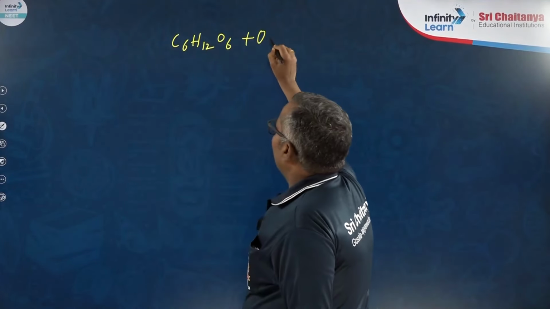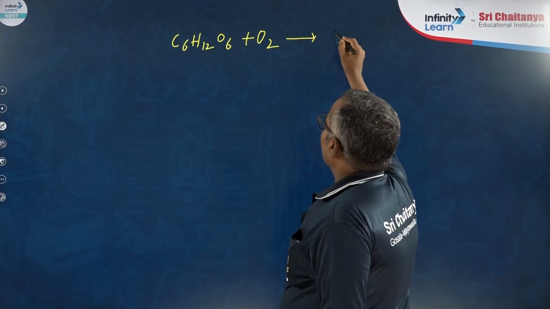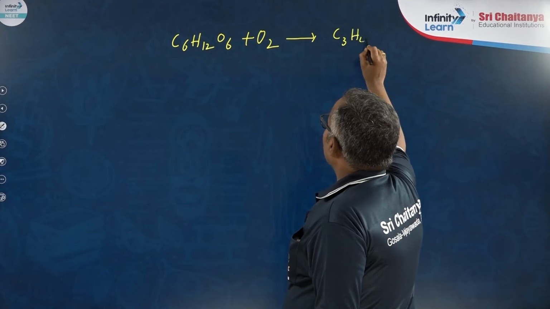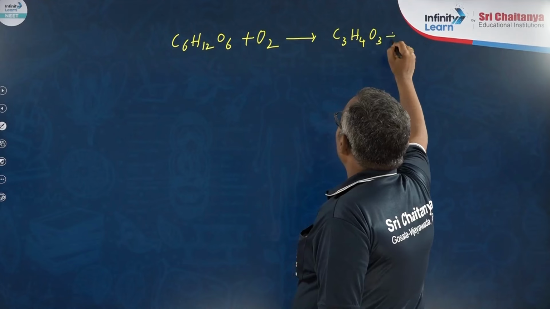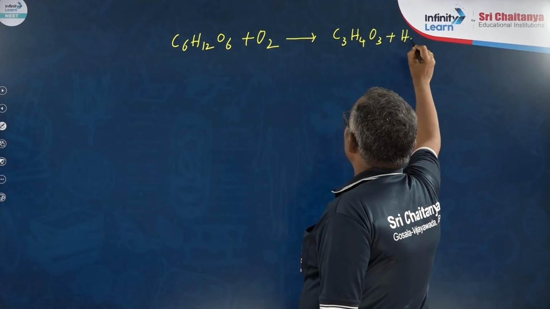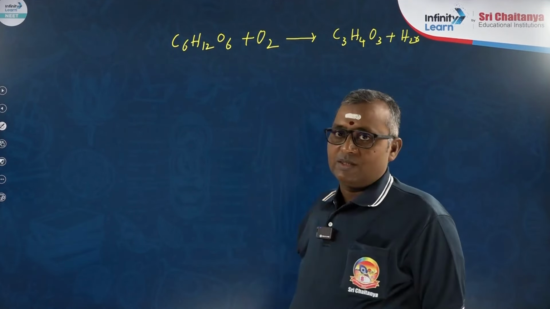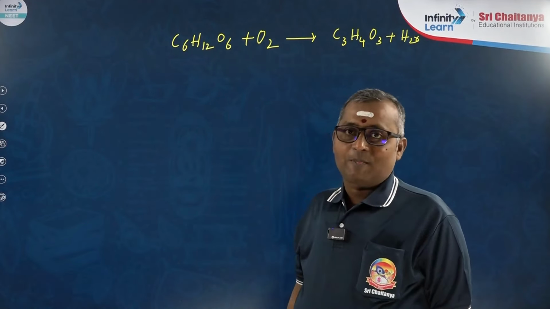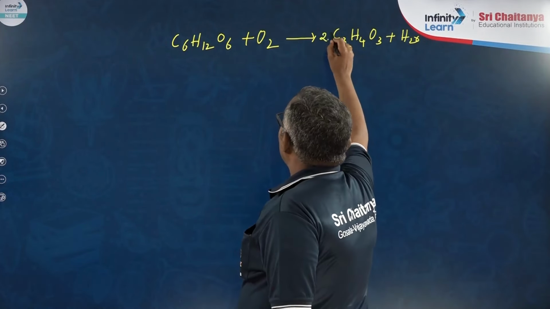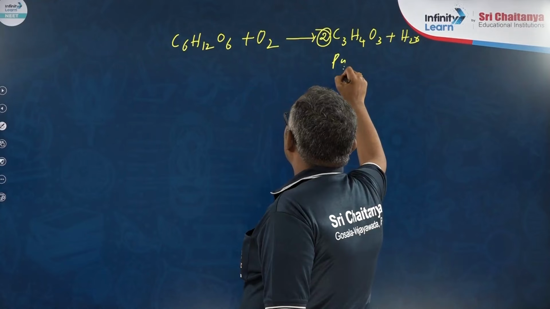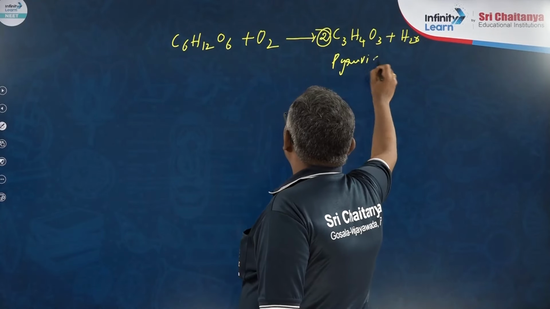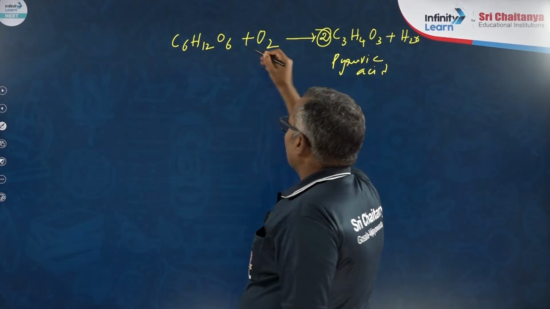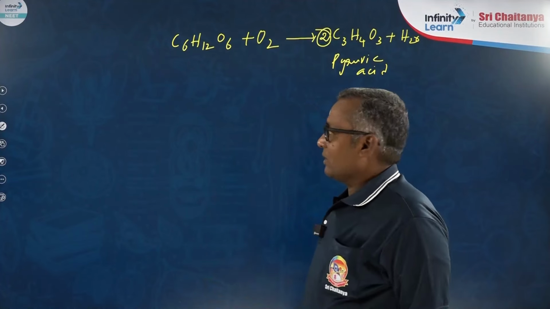C6H12O6 plus O2 gives rise to C3H4O3 plus H2O. Of course, this is a metabolic pathway in which 2 moles of pyruvic acid are produced from each glucose molecule. Of course, O2 is not involved.